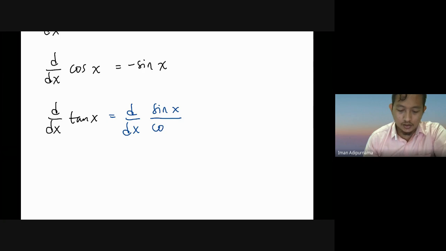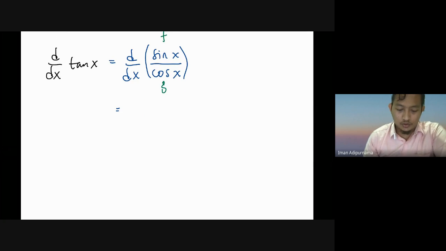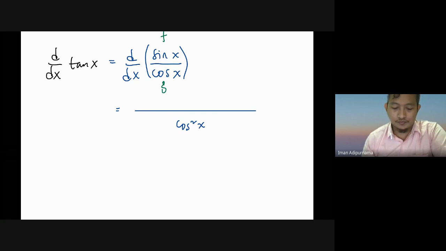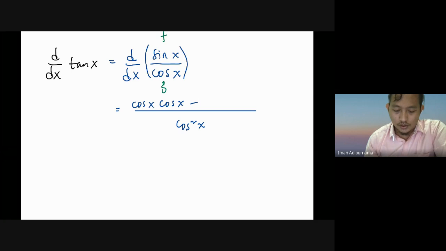So we can have sine divided by cos, f over g, right? We can use the quotient rule, so we can start to write the quotient rule. The denominator will be cos squared x. We start with f prime, so it will be cos x, minus g prime, which is negative sine x, times sine x.